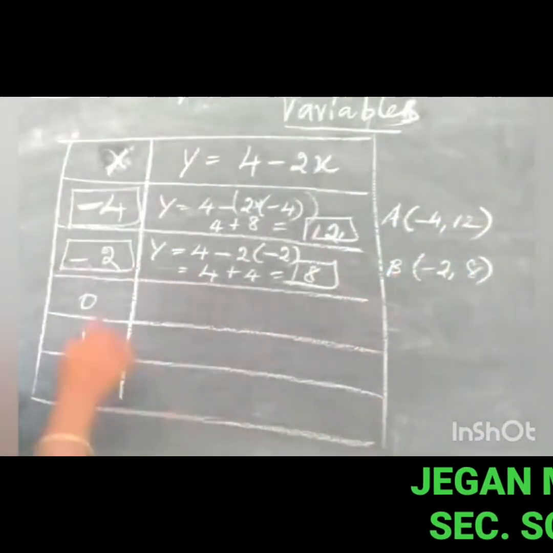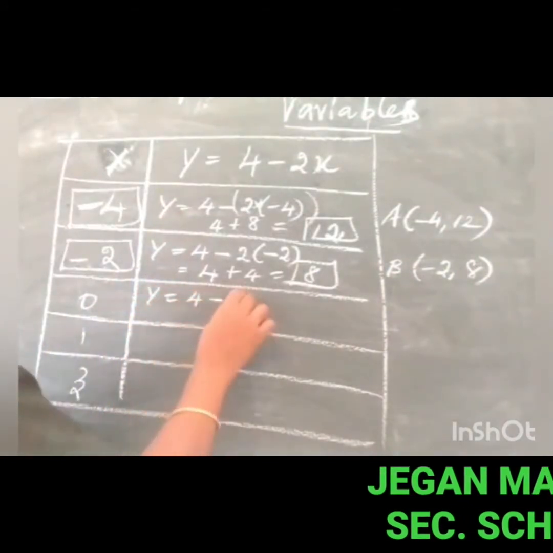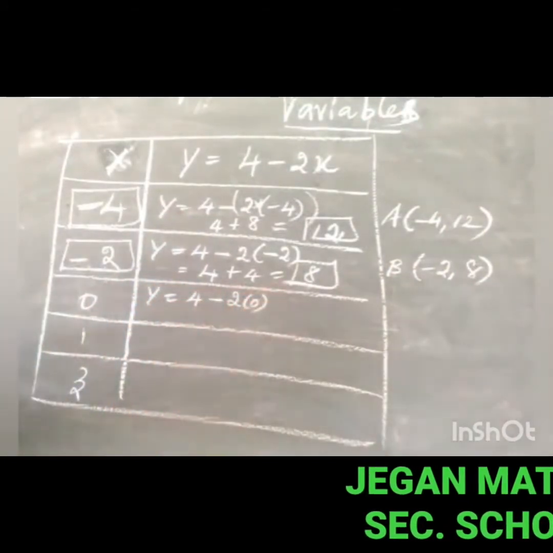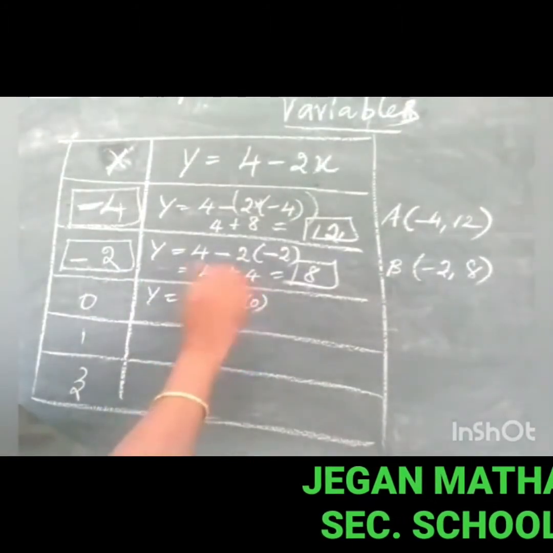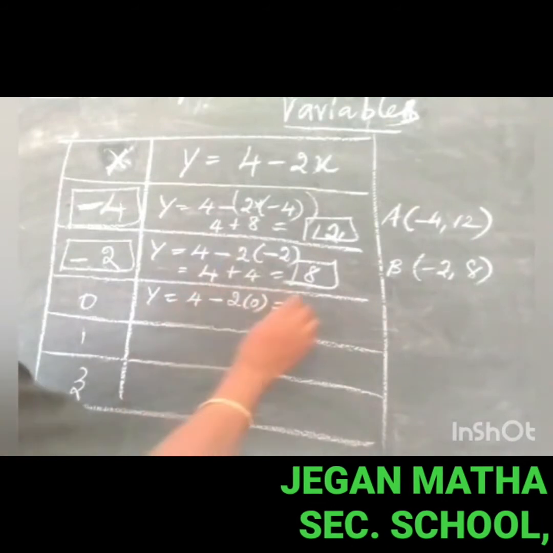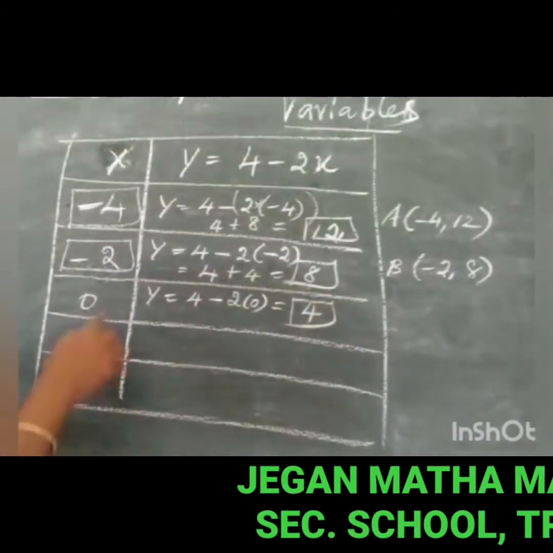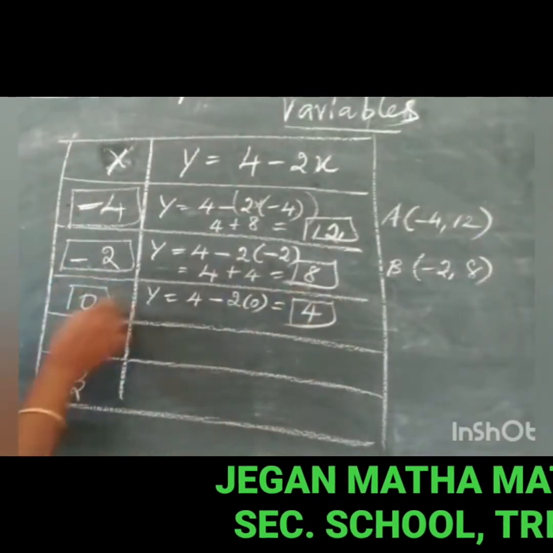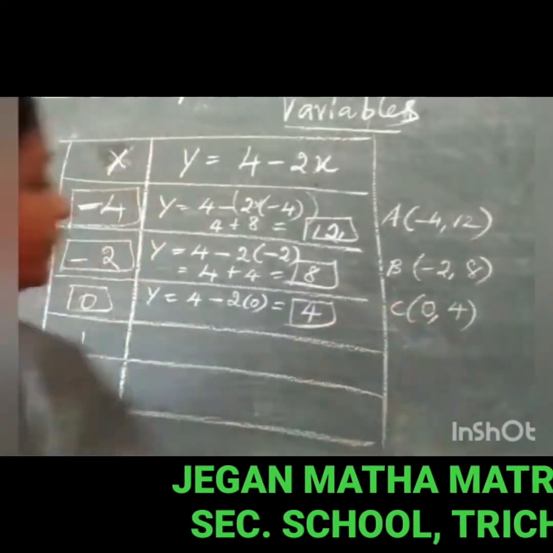Next 0: apply the value, y equal to 4 minus 2 into 0. Any number multiplied by 0, the whole term becomes 0, so the answer is 4 only. The next one is point C, 0 and 4.